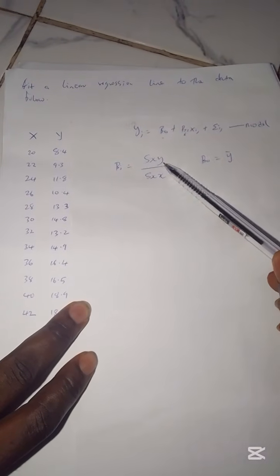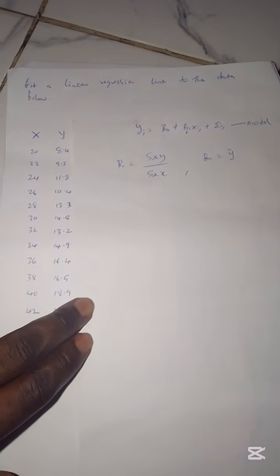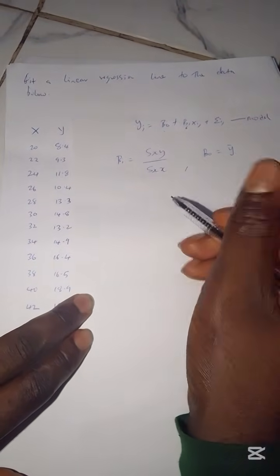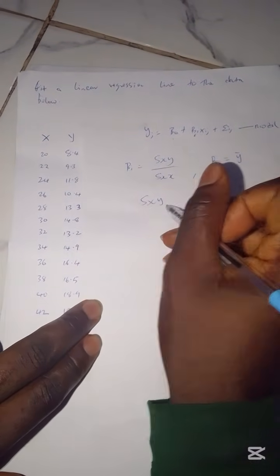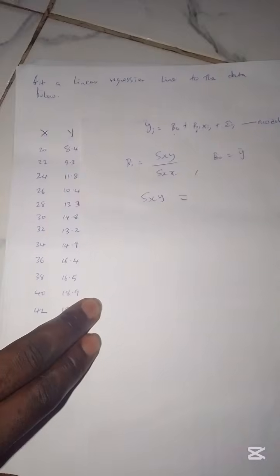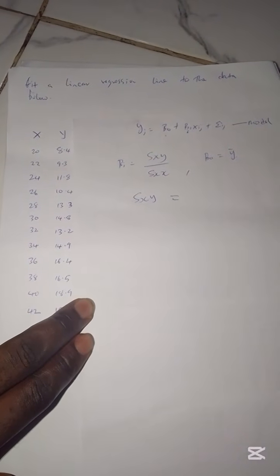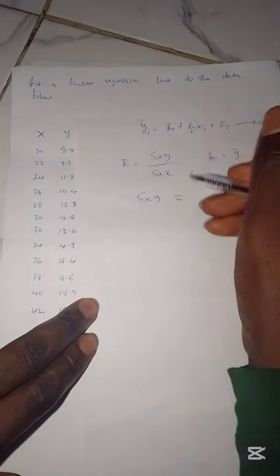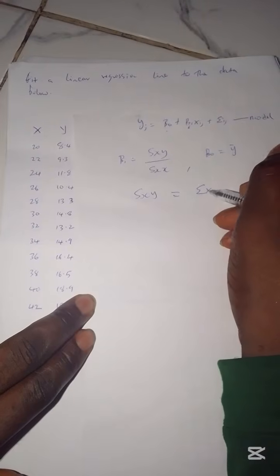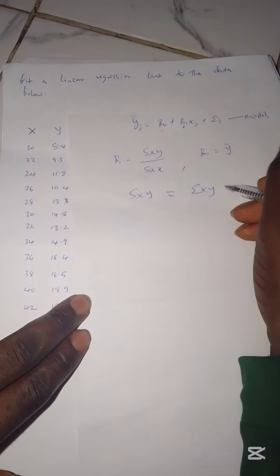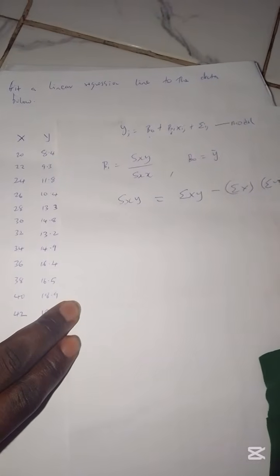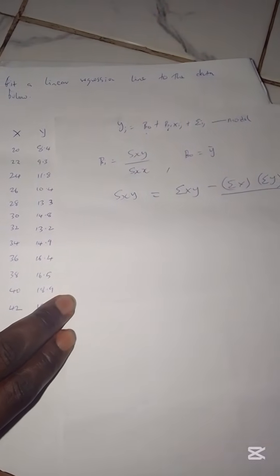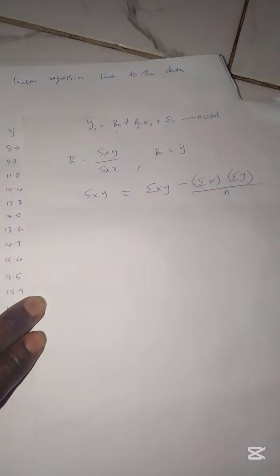b1 is Sxy over Sxx. So Sxy is equal to what? Sxy is equal to summation xy minus summation x times summation y all over n.